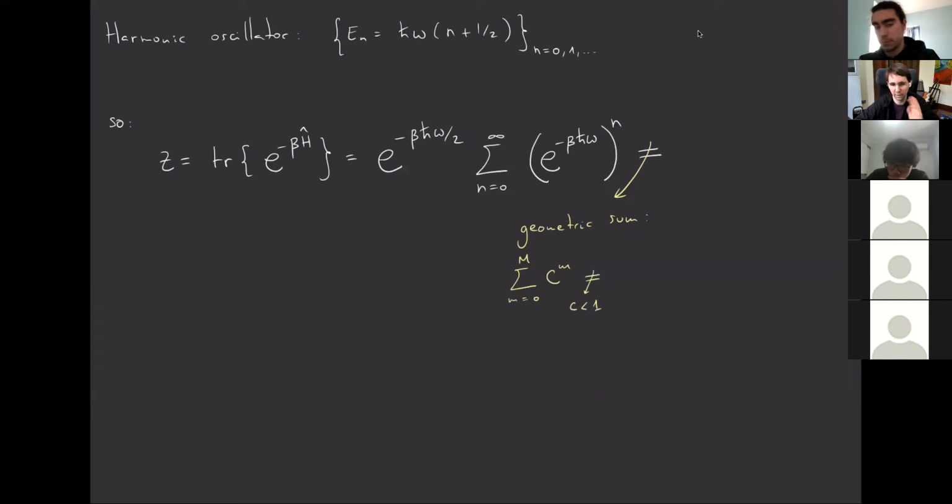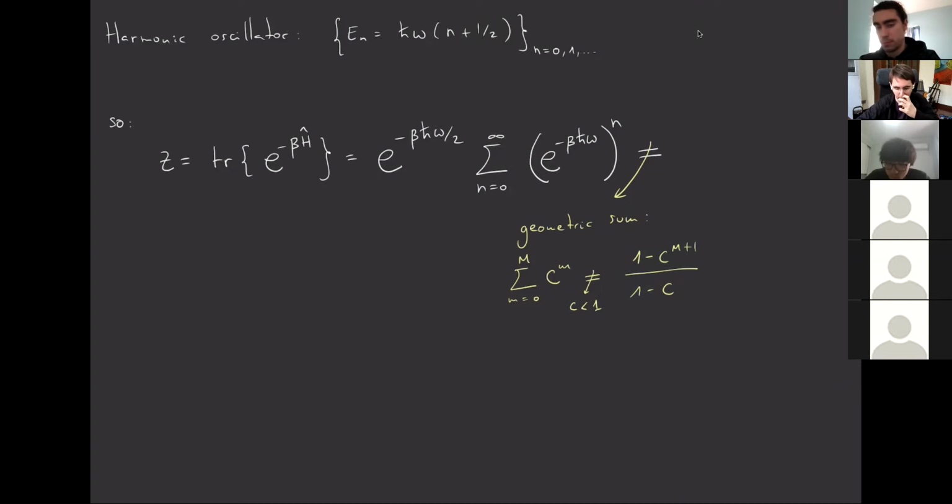If c is larger than 1, it doesn't work. So the absolute value of c, if it's a complex number, is smaller than 1. Then it's very simple to prove that this is equal to 1 minus c to the M plus 1 divided by 1 minus c.